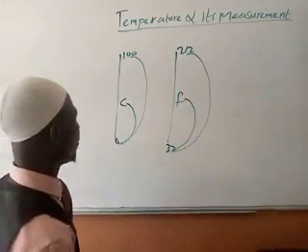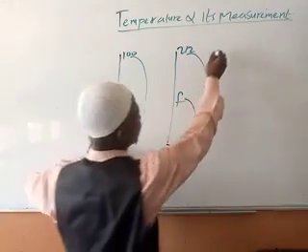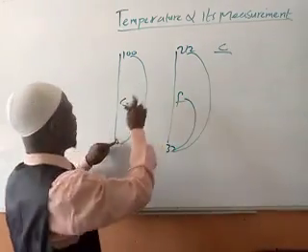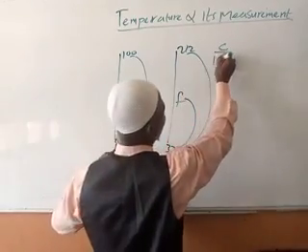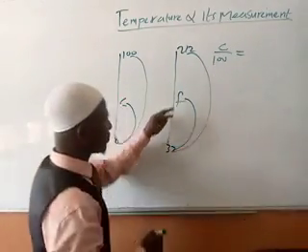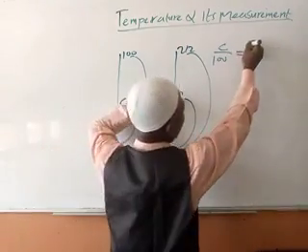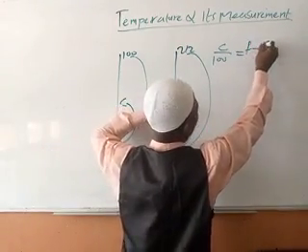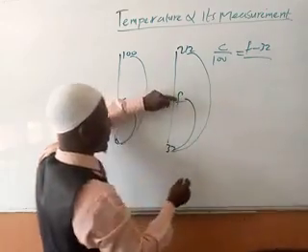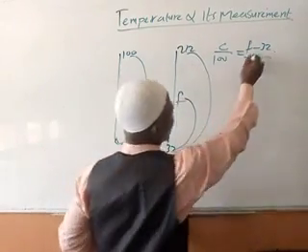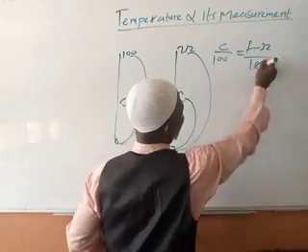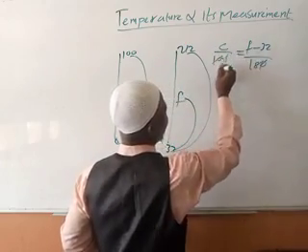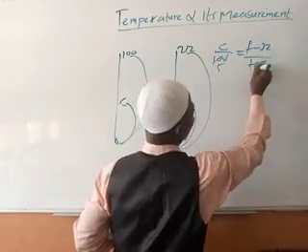So what will now happen? This minus this will give us C over 100, which is equal to F minus 32 over 180. Then you cut: 2 here gives 5, 2 here gives 9.